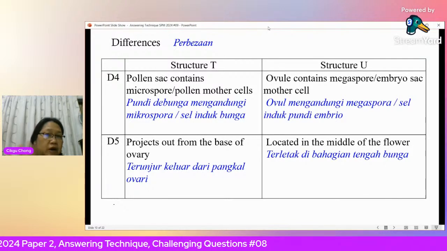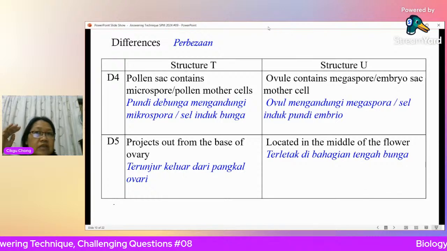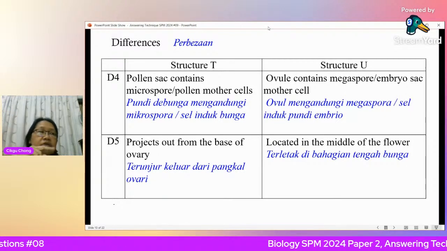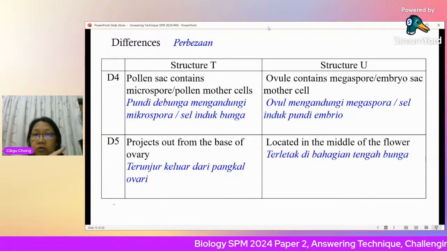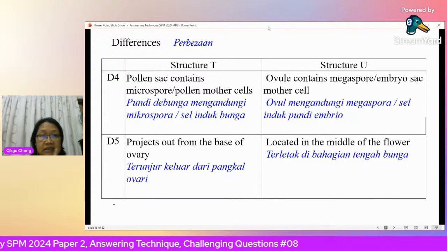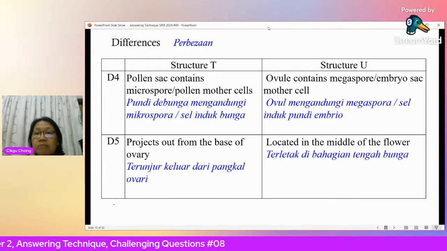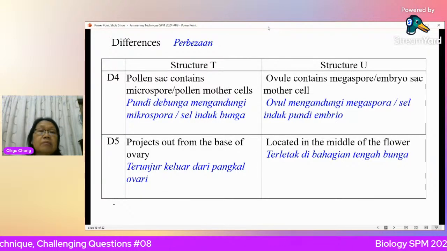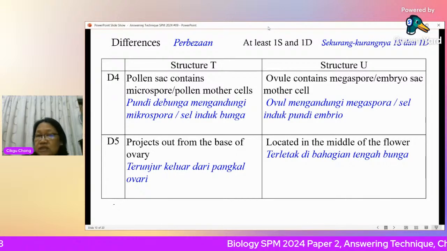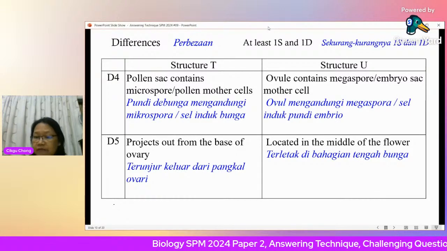So you must have a mixture of similarities and differences. Always to be on the safe side, make sure you have at least one or two similarities, and the rest should be differences. Next, comparing R and S, at least one similarity and one difference in order to get full marks.